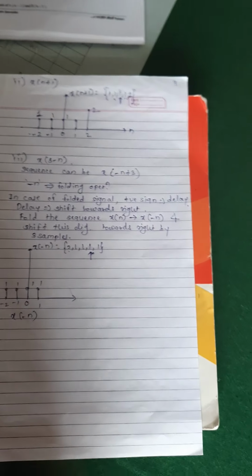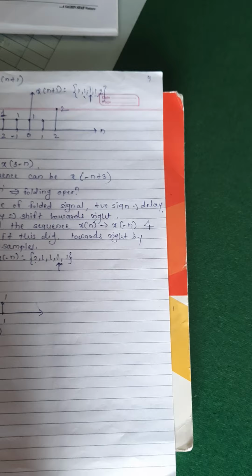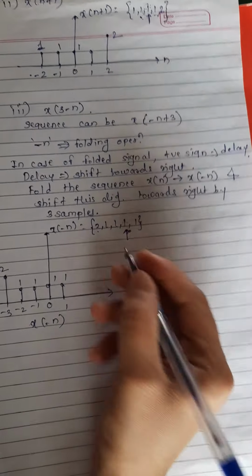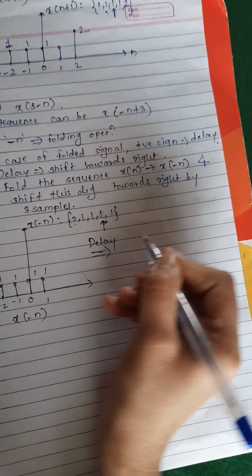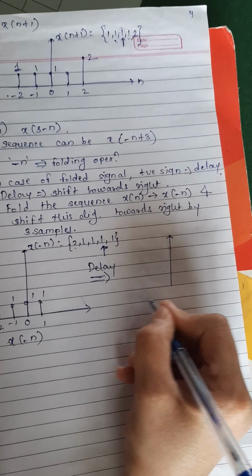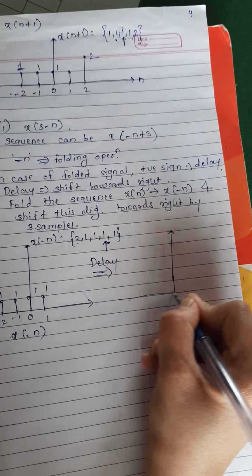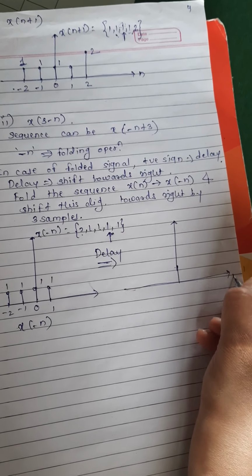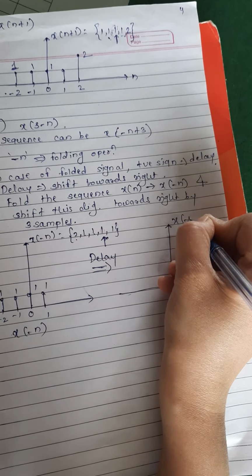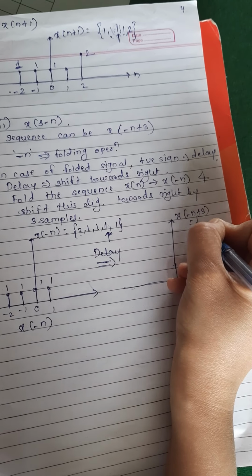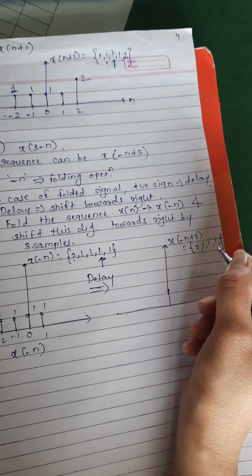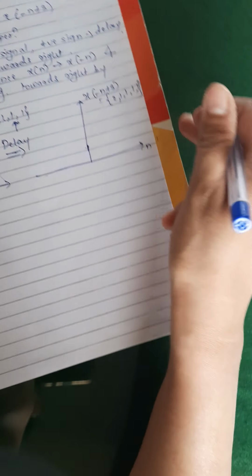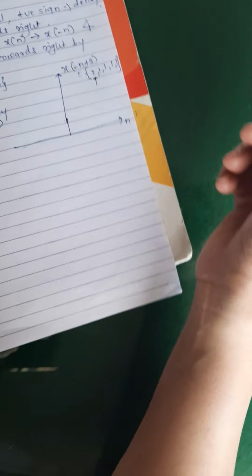Now we have to draw x of minus n plus 3, applying the delay operation. This is n, and this is x of minus n plus 3. The signal becomes 2, 1, 1, 1, 1. Delay means shift towards the right by 3.